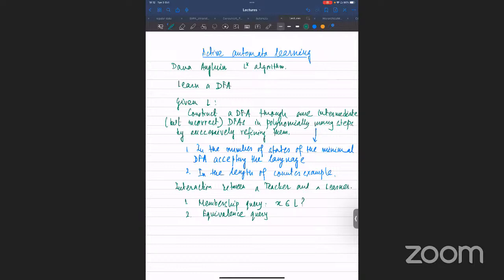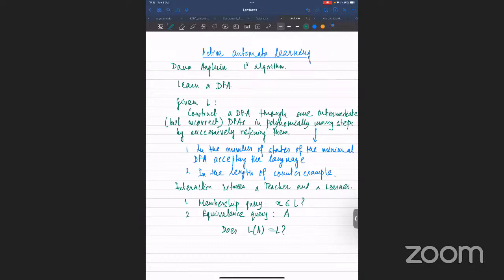Recall that what we are trying to do here is construct a DFA corresponding to this language L. The equivalence query is of the following form: you have a hypothesis automaton A, and then you ask the question, does L of A equal L? This is the equivalence query that you ask the teacher.